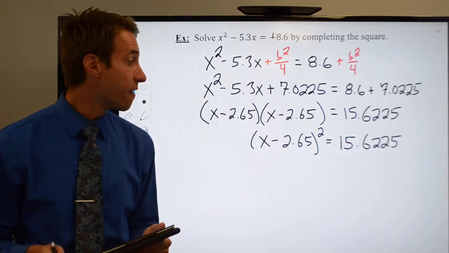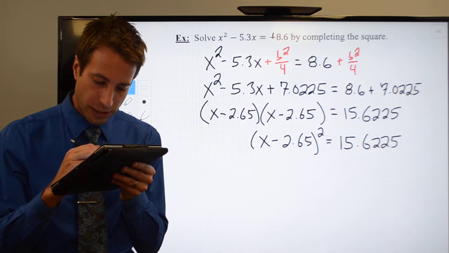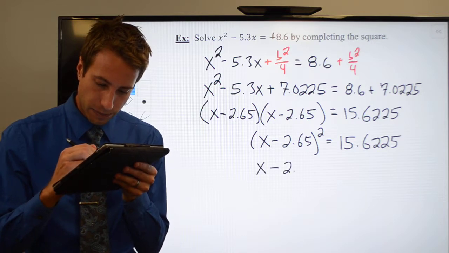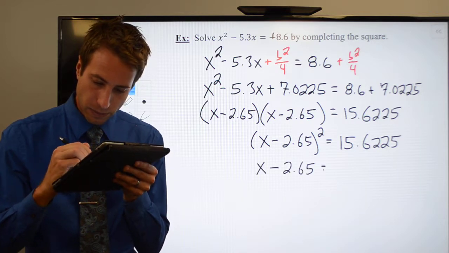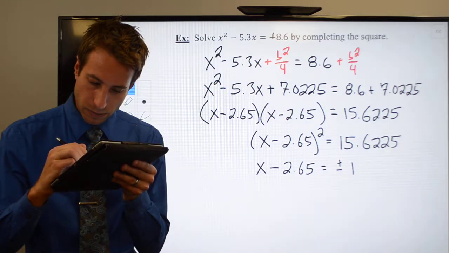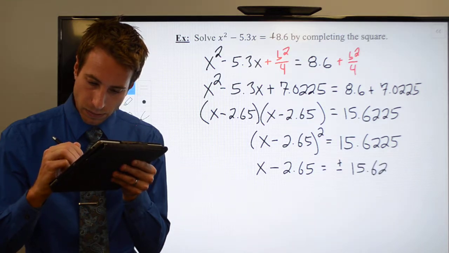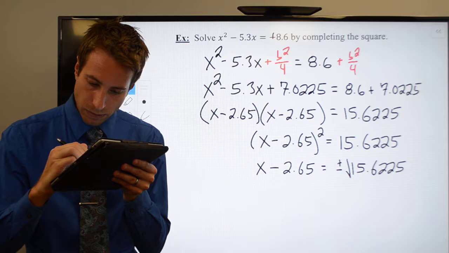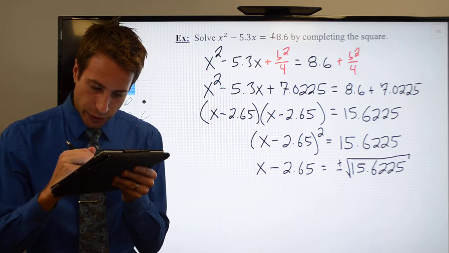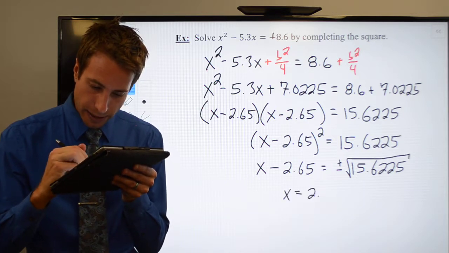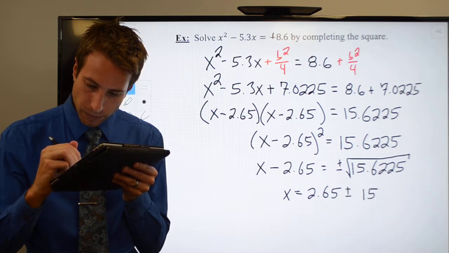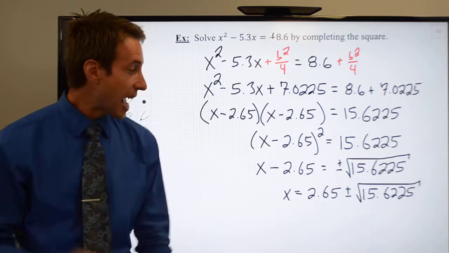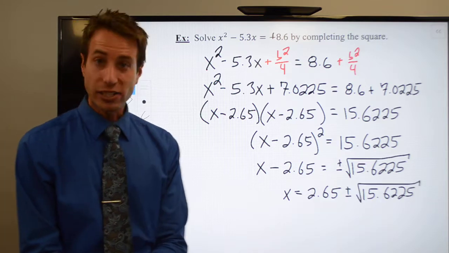Take the square root of both sides. Don't forget to do plus or minus. Add the 2.65 to the other side. And you get an answer that's not so nice looking.